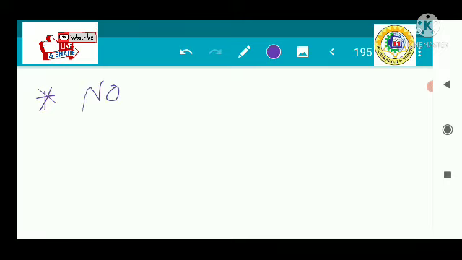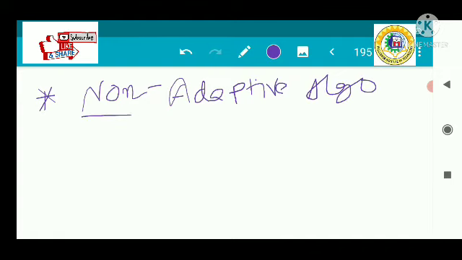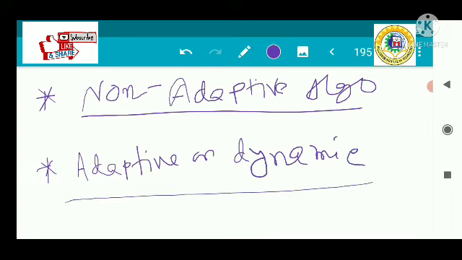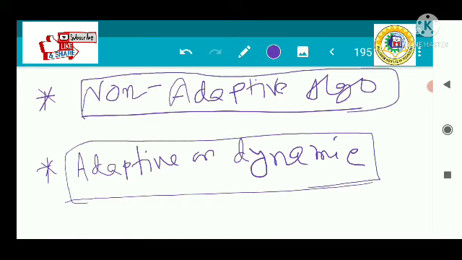The first one is the non-adaptive algorithm, and the second one is the adaptive or dynamic algorithm. We will see in the next class the definition of these two, their different characteristics, and the different sub-algorithms behind them.